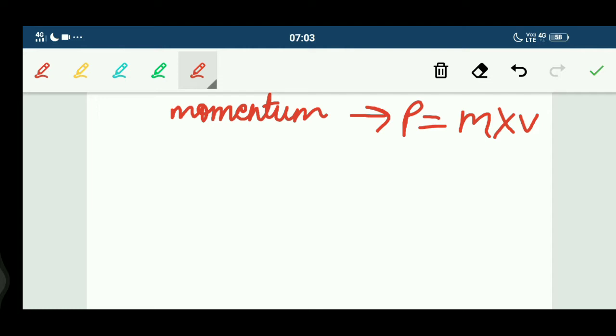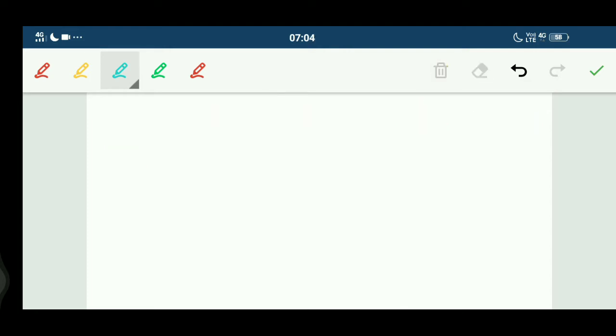So we have to consider a system of objects of masses MA and MB. So let this object be MA here. This is MA.